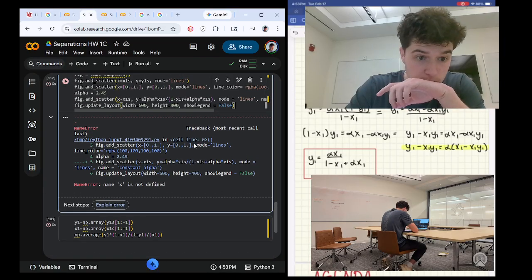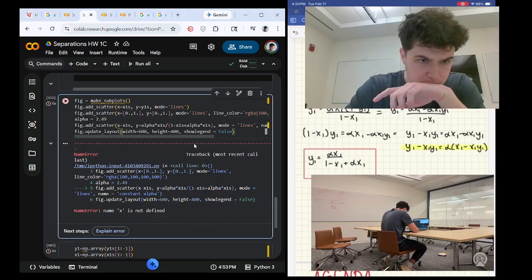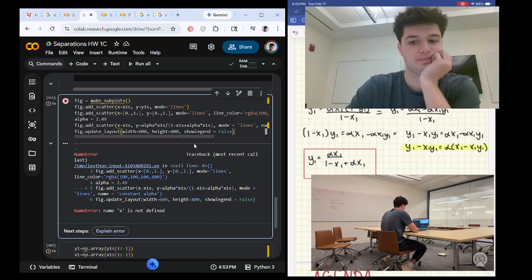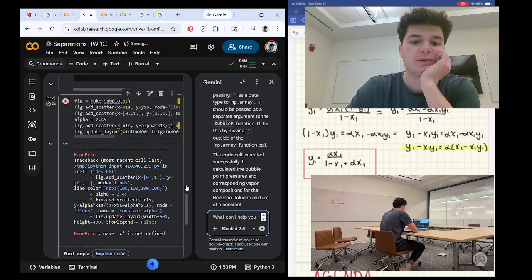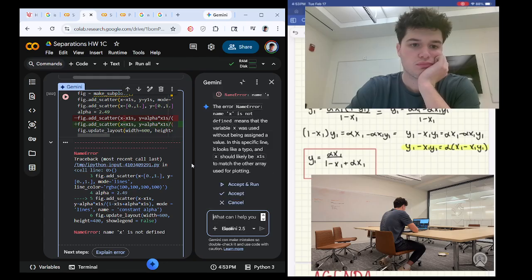X is not defined. What? Oh, I see. We have a minus here.